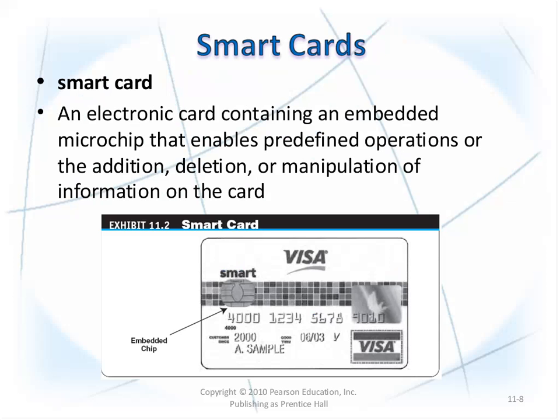Here in this photo, you can see a smart card, which is a Visa card, and you can see here that there is a chip, microchip, which stored some predefined operation for doing some processes in this microchip.